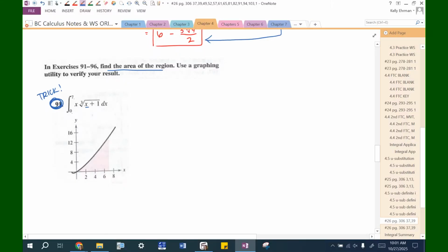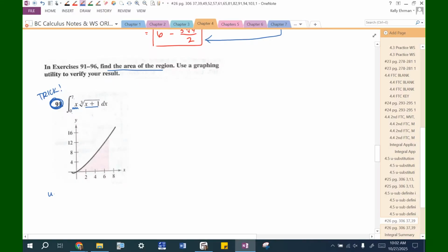Because if I let u equal x plus 1, du is equal to dx. That doesn't cancel this out. And I can't just distribute an x through because this is a cube root. It also doesn't help me to make this like the cube root of x cubed to be able to distribute it through, because then u sub wouldn't work. So what do we do?